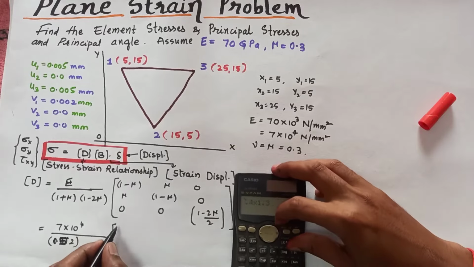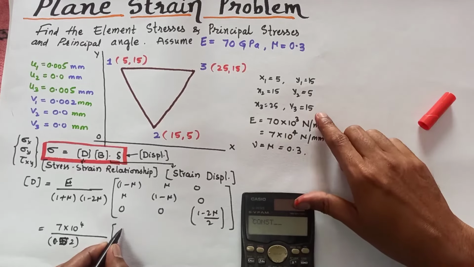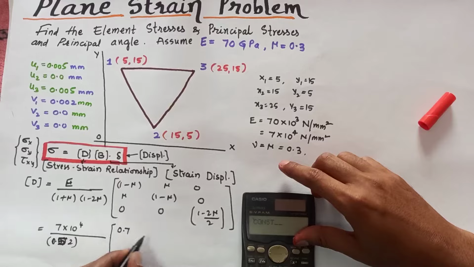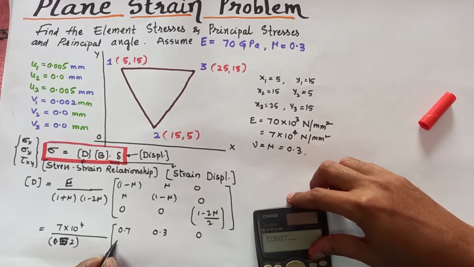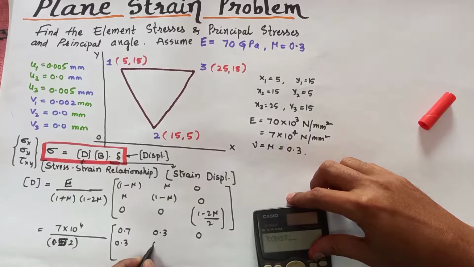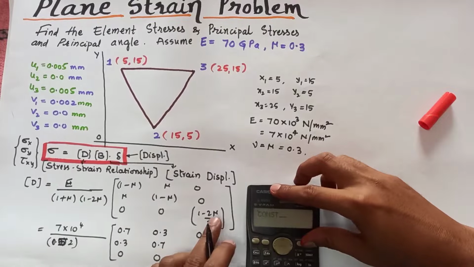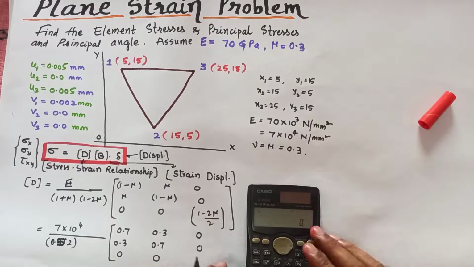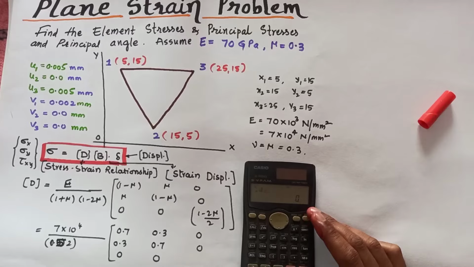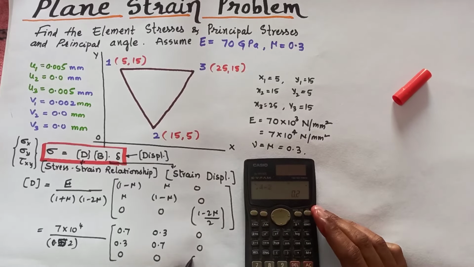Again 1 minus mu is 1 minus 0.3, so 0.7, then 0.3, 0.3, again 0.7, 0, and 1 minus 2 mu, that is 0.4 by 2, so you will get 0.2 here.